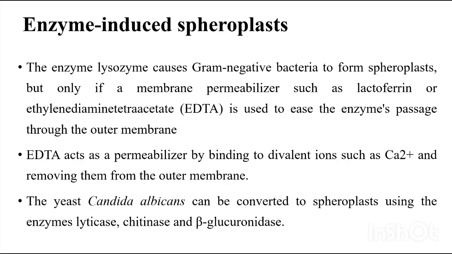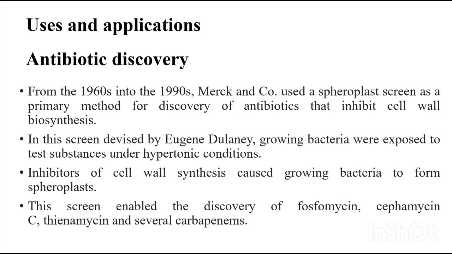Next, enzyme-induced spheroplast. There are some enzymes like lysozyme that can cause spheroplast in gram-negative bacteria. Next, what are the uses and applications? We can use it for antibiotic discovery.